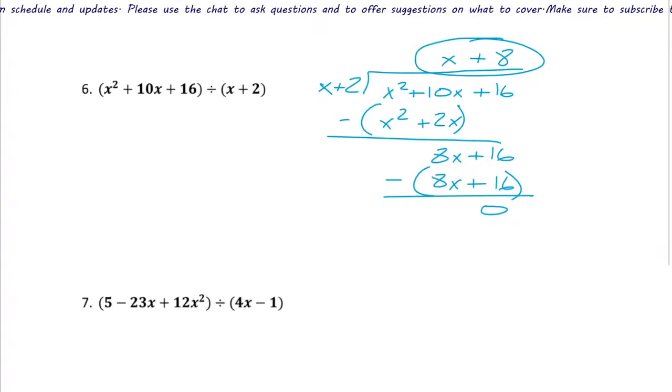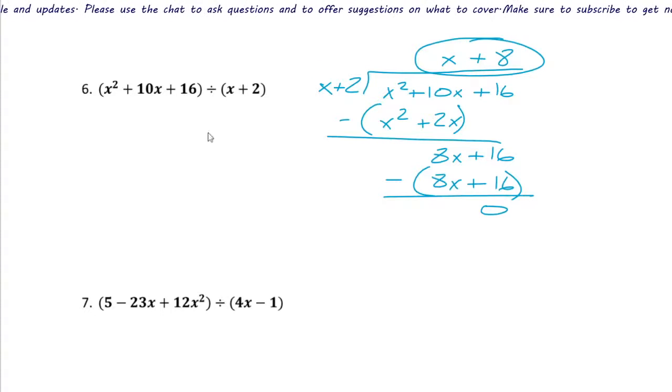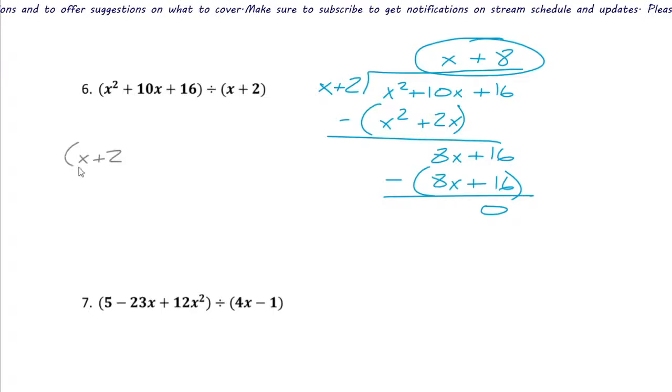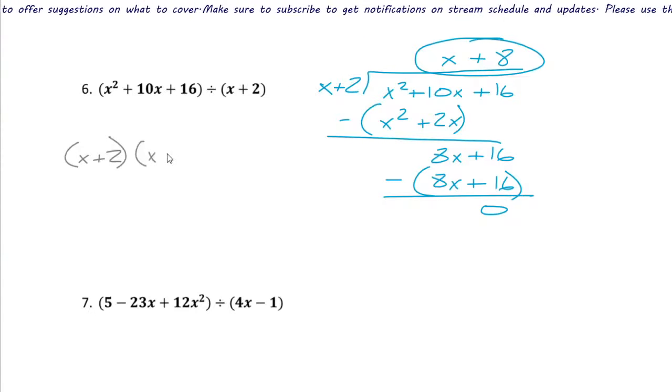And then if you wanted to do the check, just to make sure, you're going to take our, excuse me, for 1 second, our divisor, x plus 2, and multiply our answer.